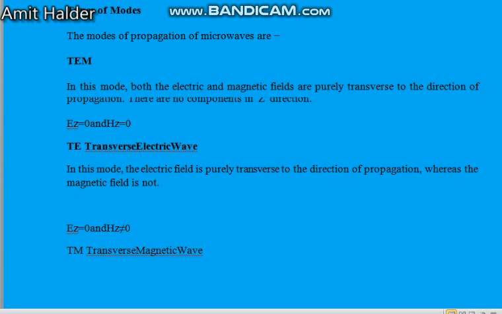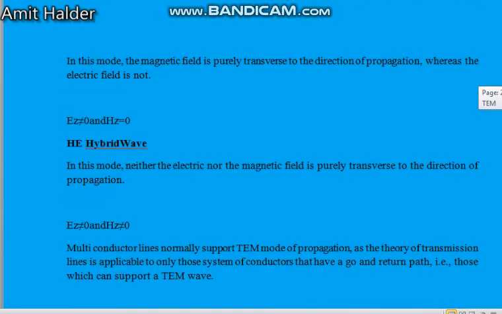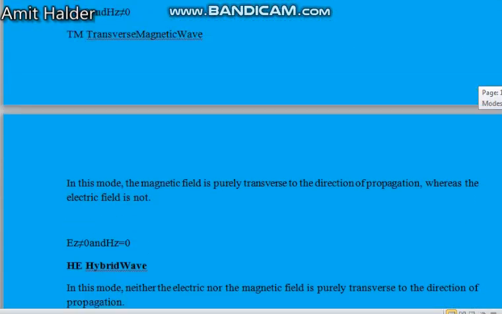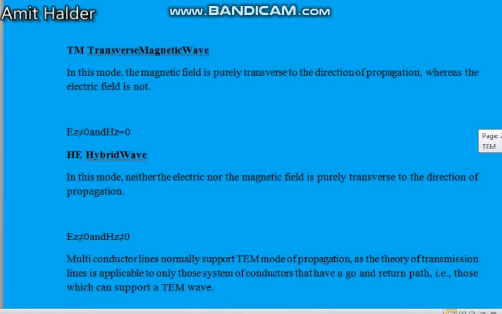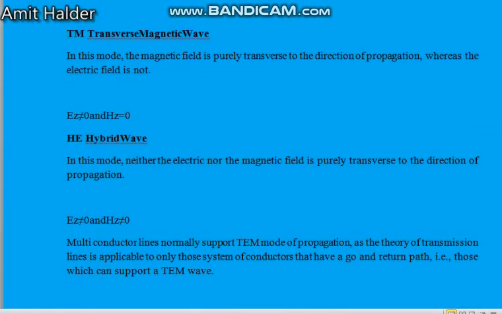Now go on to the magnetic, that means the transverse magnetic wave. What is a transverse magnetic wave? A transverse magnetic wave is a wave where Hz is 0 but Ez is not equal to 0. That means there is some value of Ez but no value of Hz.